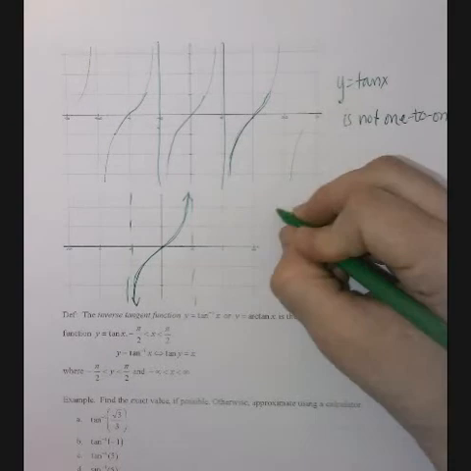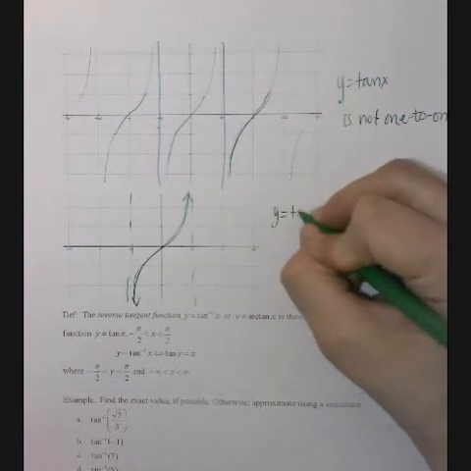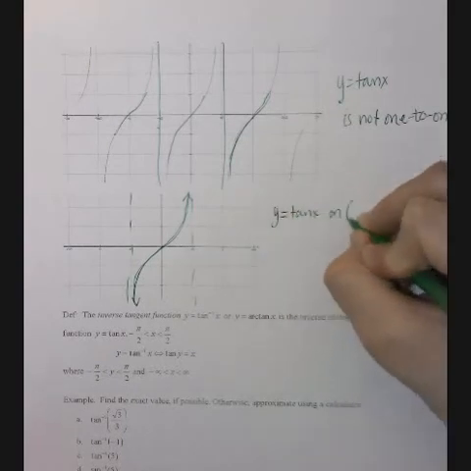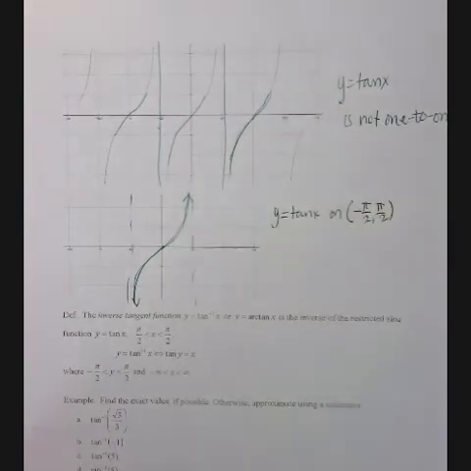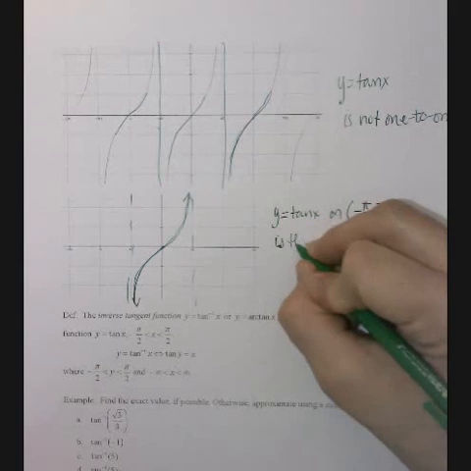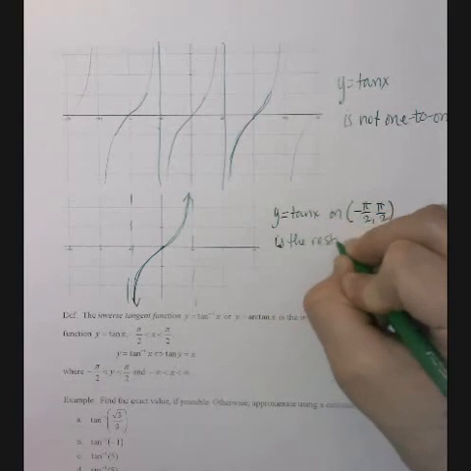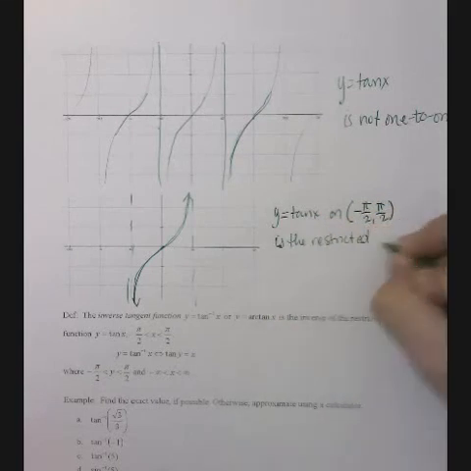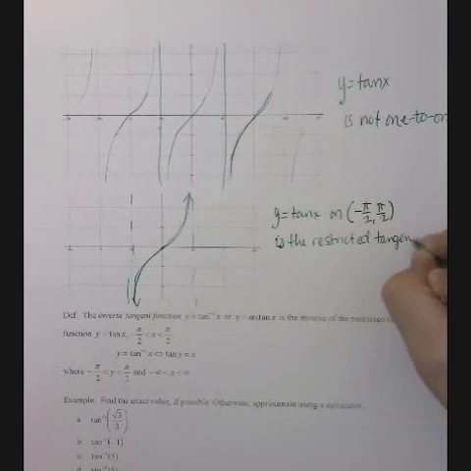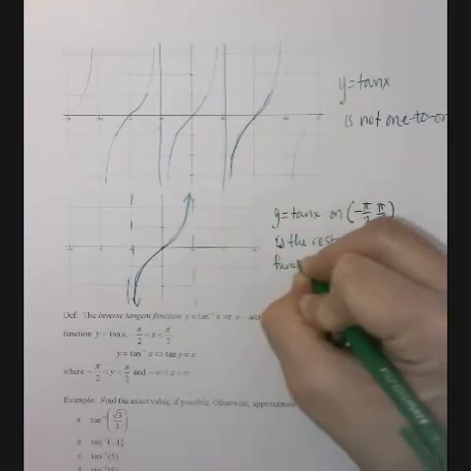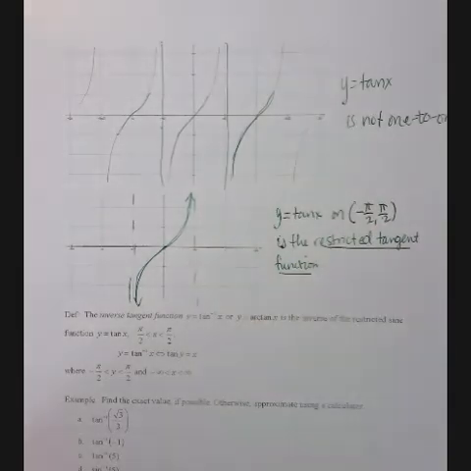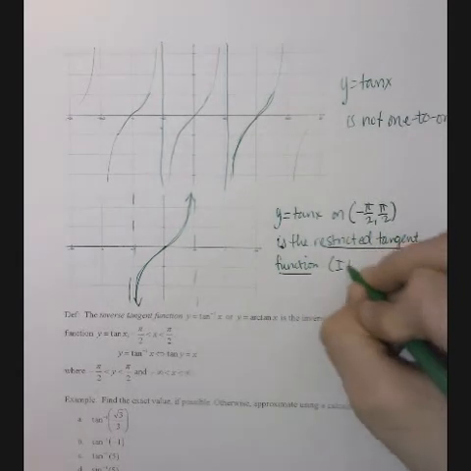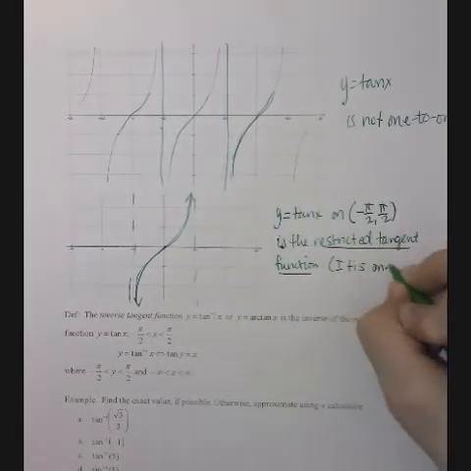So y equals tangent of x on the open interval negative pi over 2 to pi over 2 is the restricted tangent function, which is a 1-to-1 function. Since it's 1-to-1, we can find its inverse.